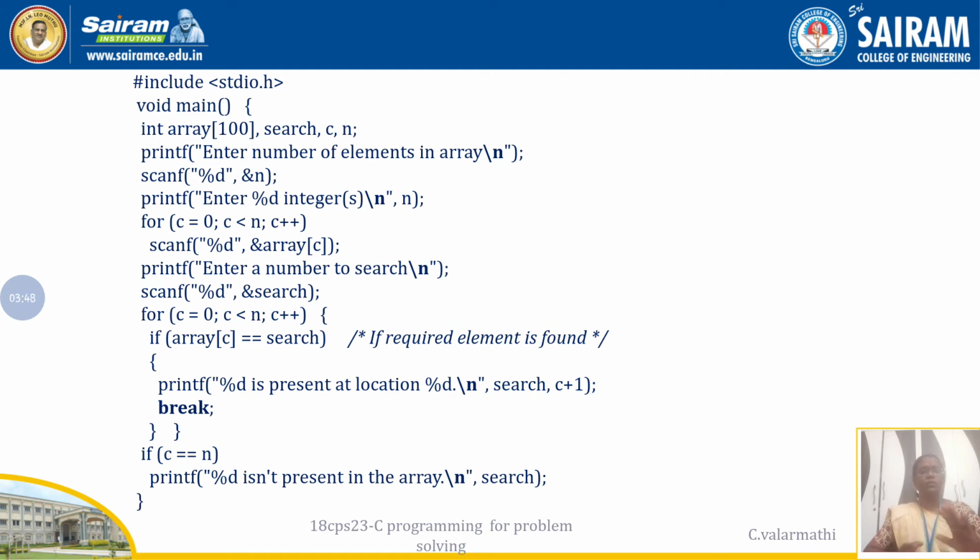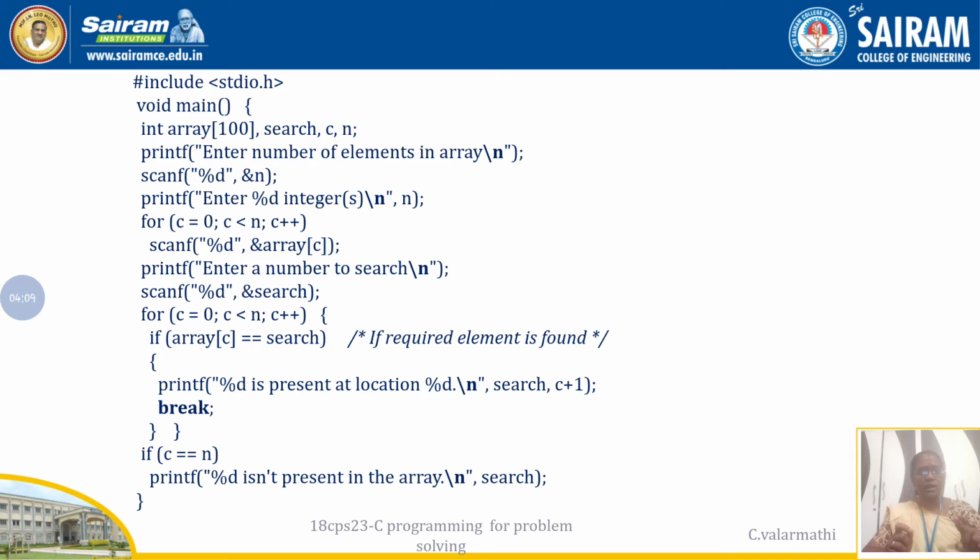Then what is my condition inside the for loop? Simple one. If we know the value of the searching element, and we know the inputs stored in the array, then by comparing these two values I can tell whether that element is found or not. Very simple, I have used only an if statement.